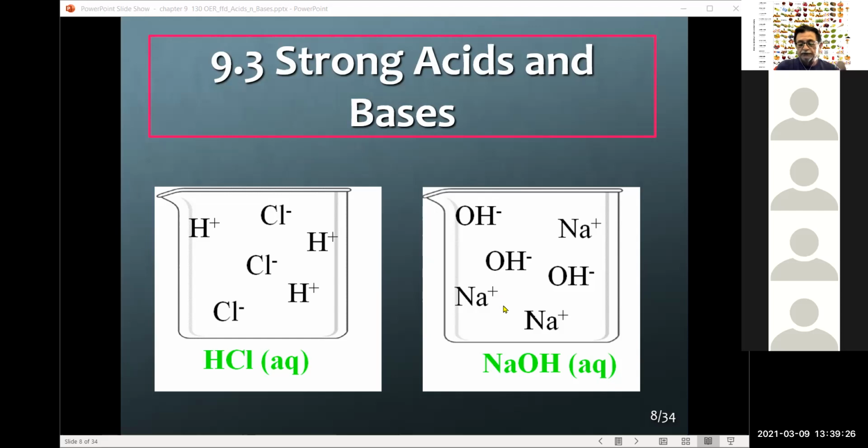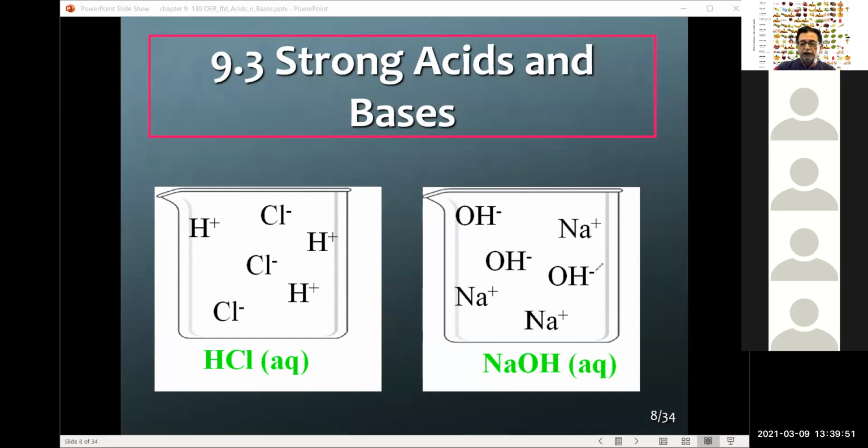Anyway, on the right side demonstrates the proper way to write sodium hydroxide in a solution in a beaker. This is assuming you got a water beaker here, and this represents water. It's a water solution. Okay, wholly 100% dissociated.